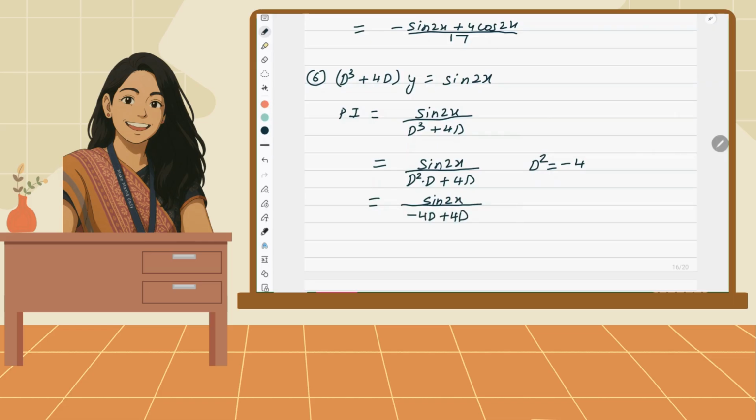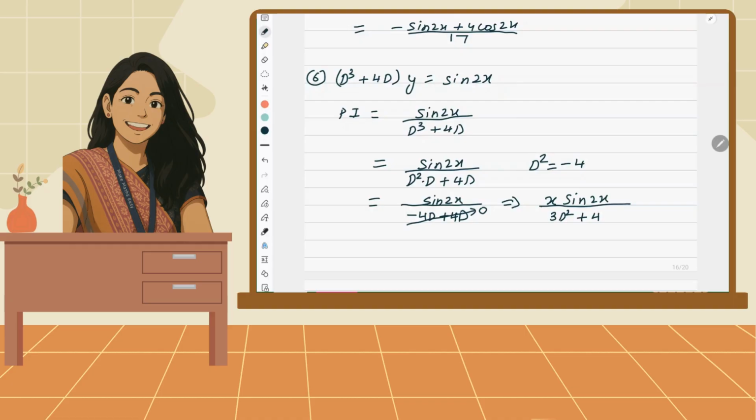Now what happened here? I got denominator as 0. So in this case what you have to do, multiply numerator by x and differentiate denominator. So if you differentiate denominator, what you will get? 3d square plus 4, right?